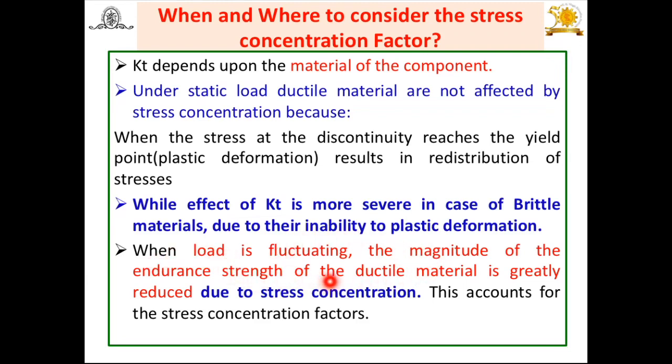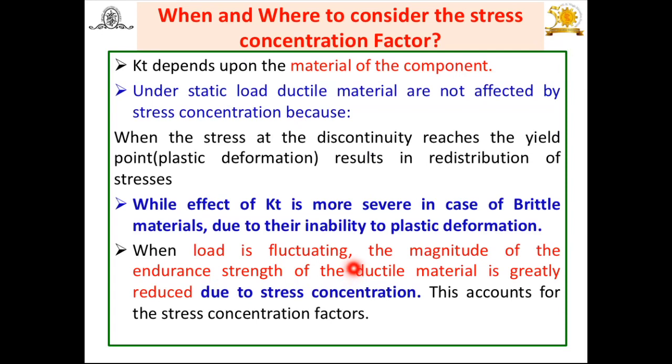Try to understand. That means in static case, if material is ductile, no need to consider. In static case, if material is brittle, consider stress concentration. And in the second case, dynamic load condition or fluctuating load condition, material may be ductile or brittle, we have to consider the stress concentration factor. And why?